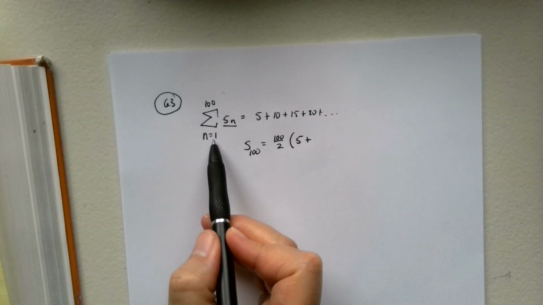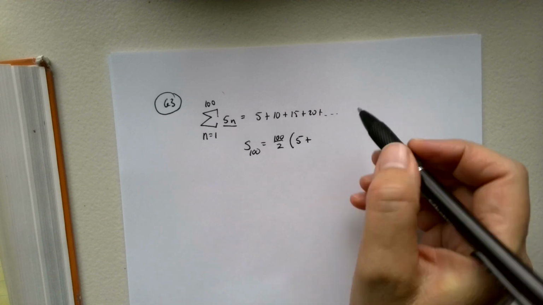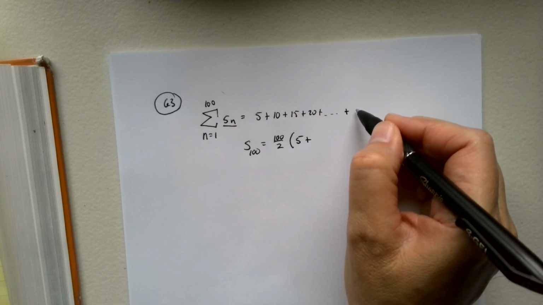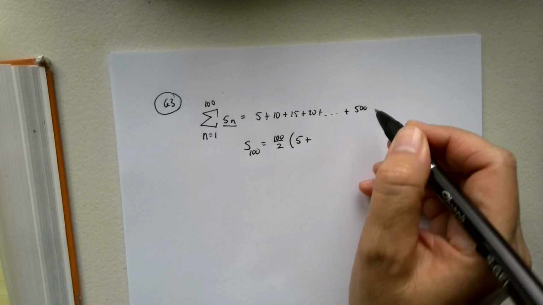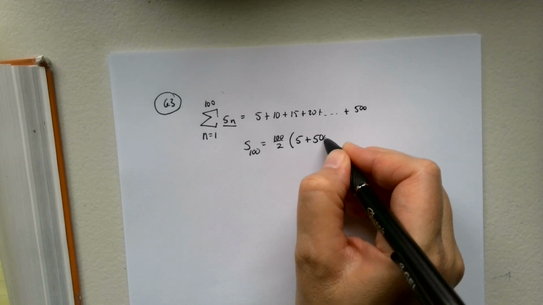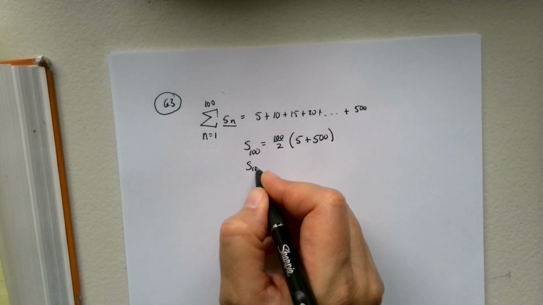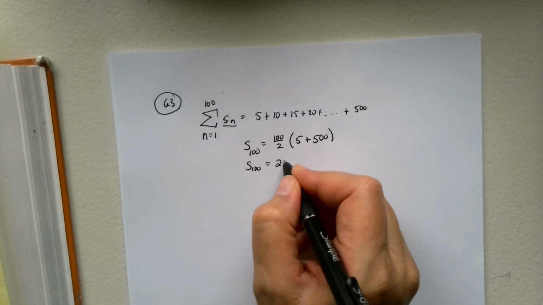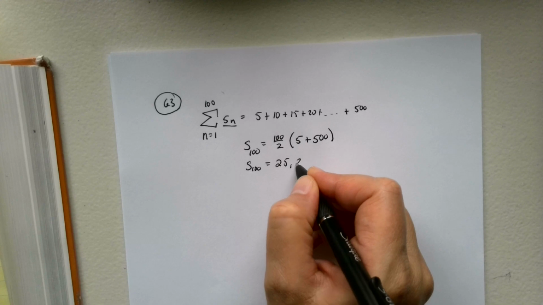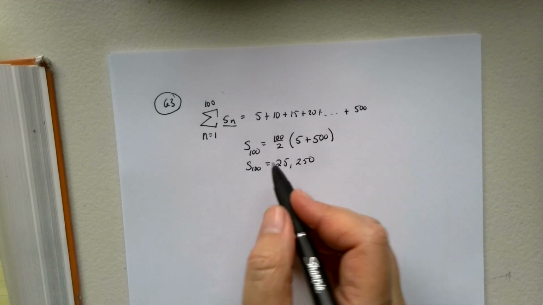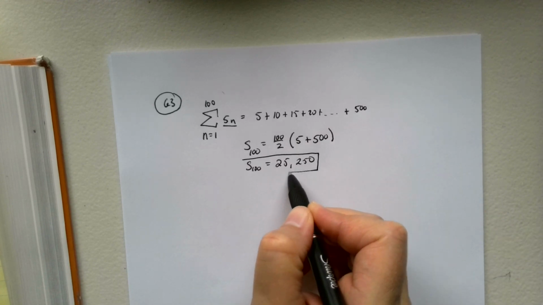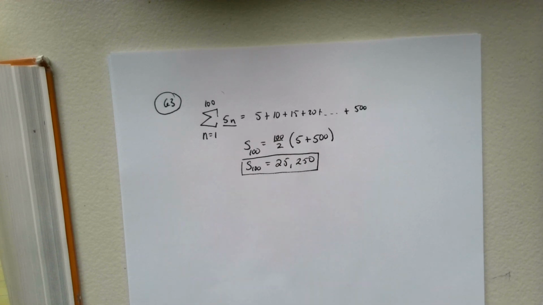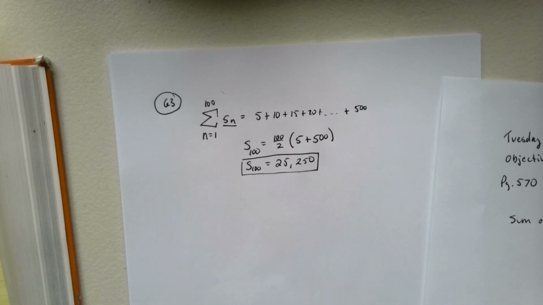Now I need the 100th term, so I would just put 100 in here, and 5 times 100 is 500. So I'm going to put 500 here. And I'm going to take 50 times 505 and get 25,250.